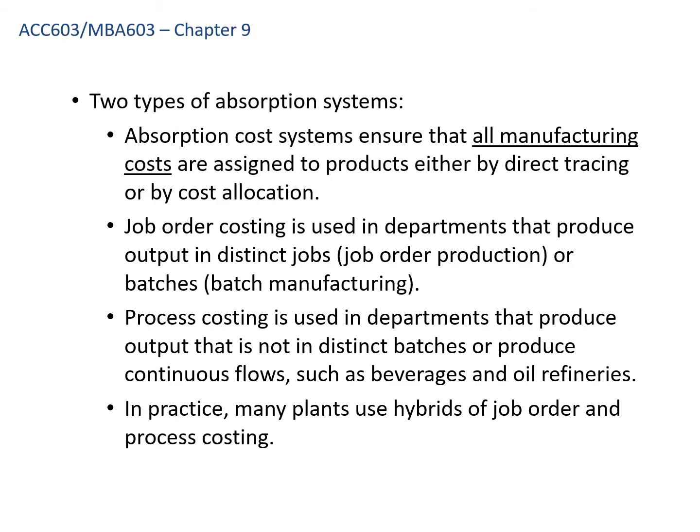So there are two types of absorption systems: the job order costing system and the process costing system. The job order costing system is used in companies where the output, whether it's a single product or a batch of products, is distinct from other products or batches. A good example that I've used in past courses is custom home building.